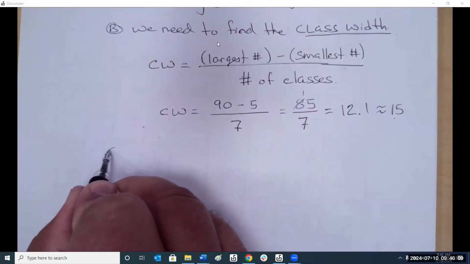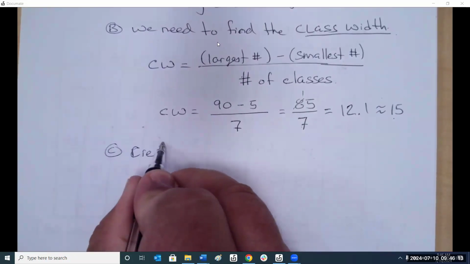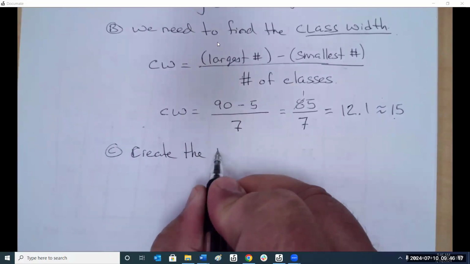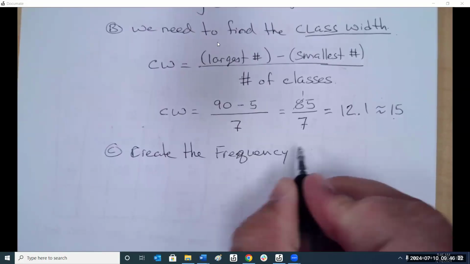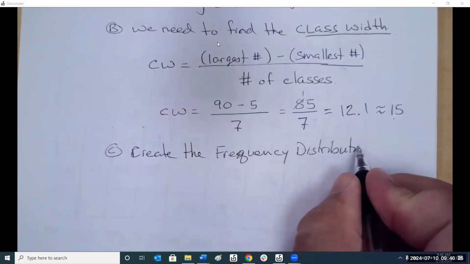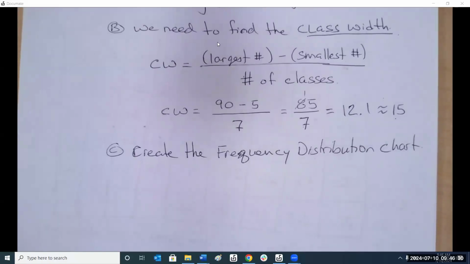So now we create the frequency distribution chart. We have our data. We know how many sets we need.